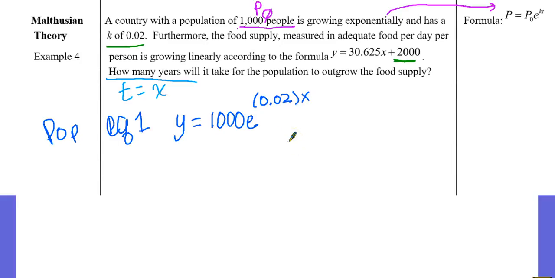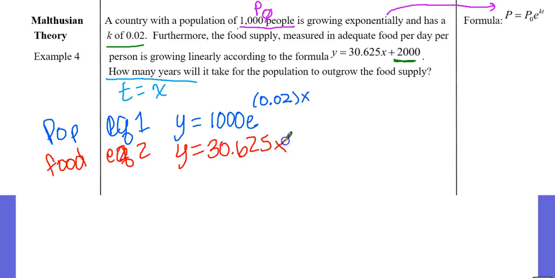What year? That's our unknown. In equation 2, this is going to be our food supply, and we were provided with the equation y equals 30.625x plus 2,000.